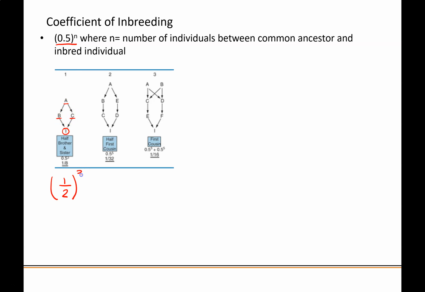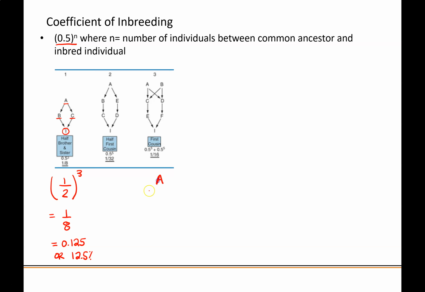So we have 1/2 raised to the third power is equal to 1/8. So that is going to be 0.125, or a coefficient of inbreeding of 12.5%. I don't care if you write them in as a fraction, as a decimal, or as a percent, as long as you understand what's going on.